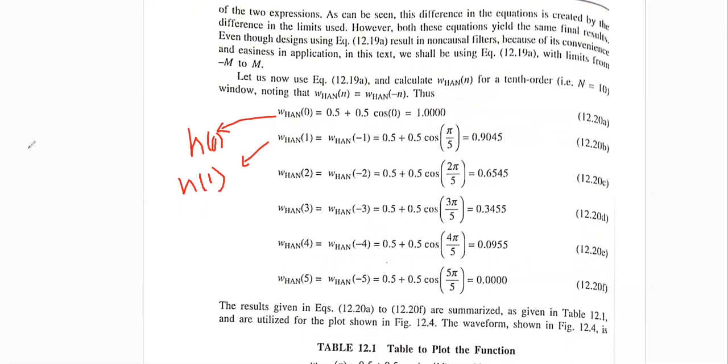What I am saying is that the new coefficient H prime 0 is nothing but H0 multiplied with W Han 0. So what is W0? W0 at this moment equals 1.